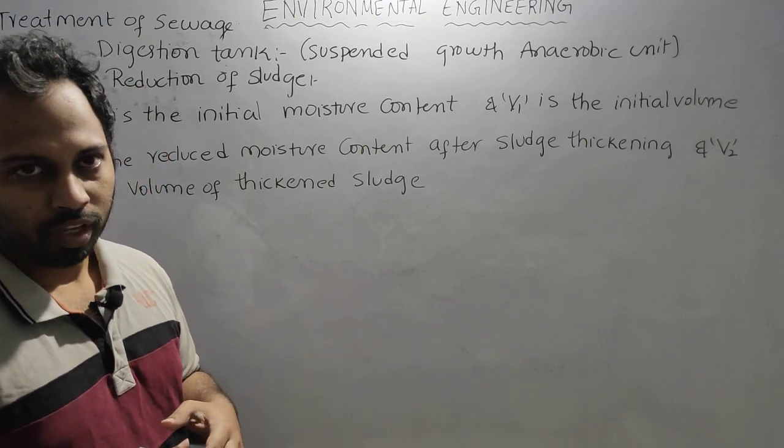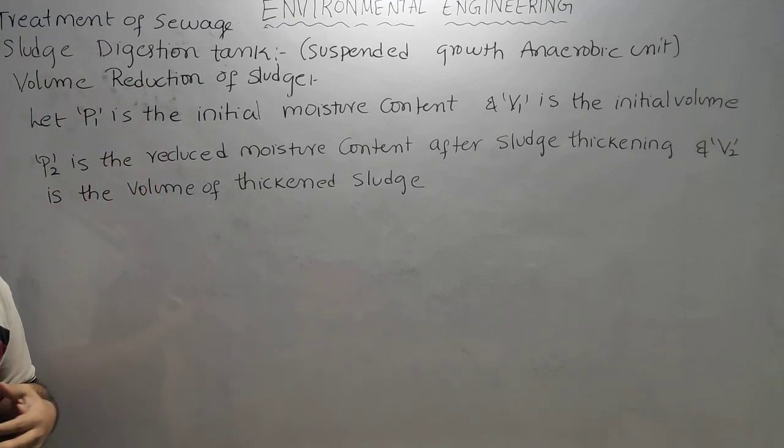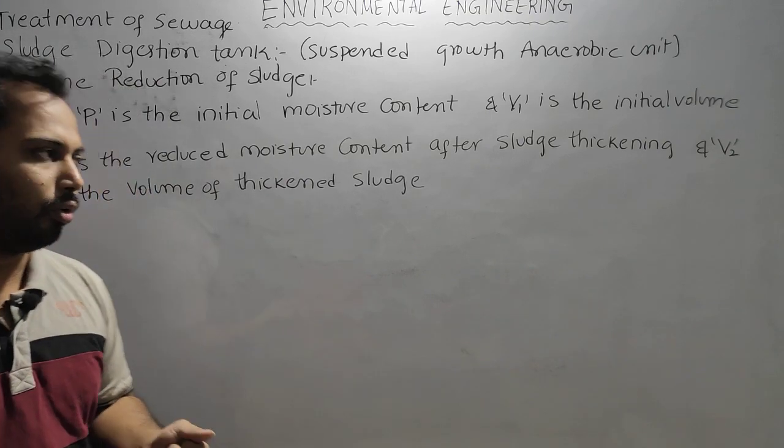So when we are sending some concentration of solids into the sludge digester, some amount of the solids concentration will be removed inside the digester. Whatever concentration is removed will be converted into the volatile form, as I told you already.